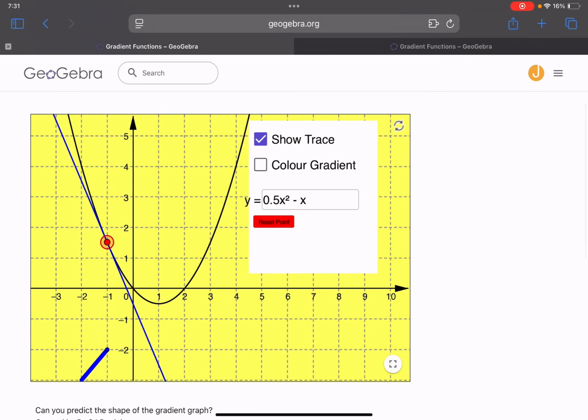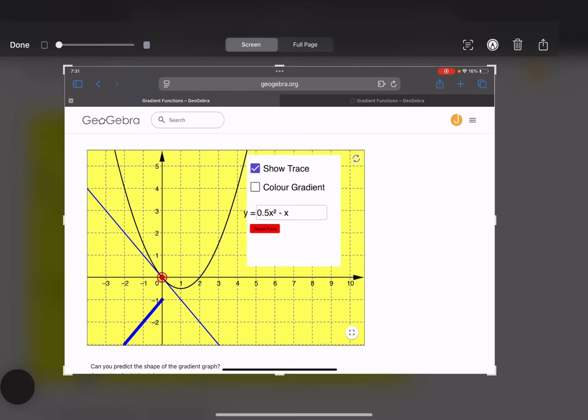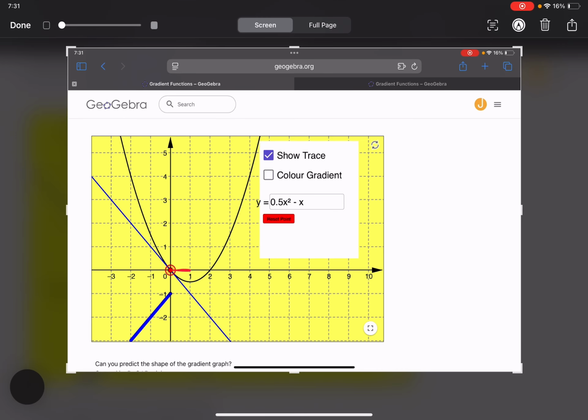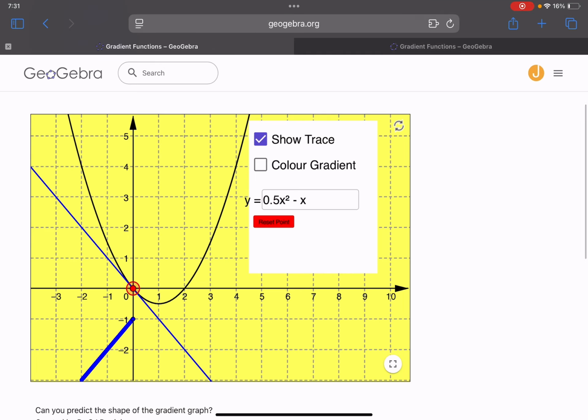As I keep moving along, you can see how the gradient function is looking. When I get to that point there, when x is 0, if I go along 1 square, I go down 1 square, so the gradient is minus 1. So this app is showing what the gradient is as I move along the curve.